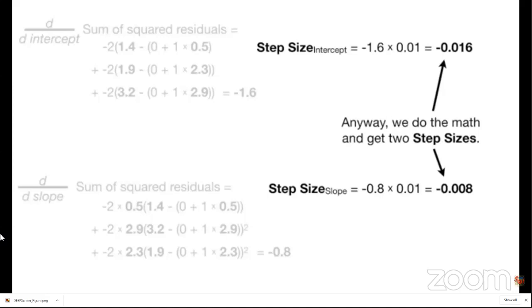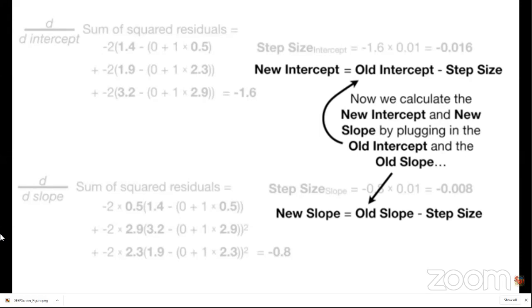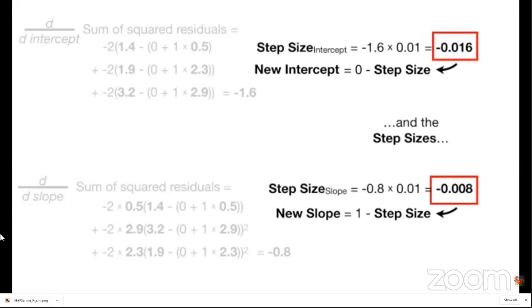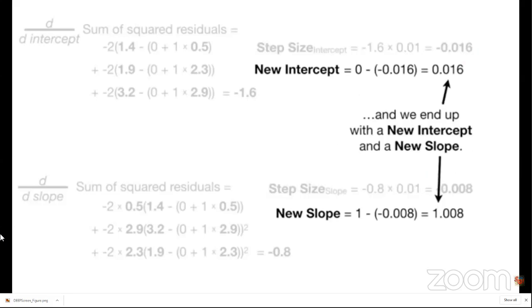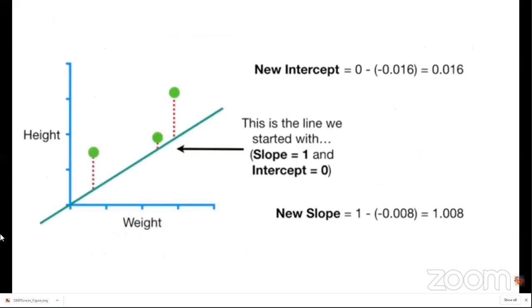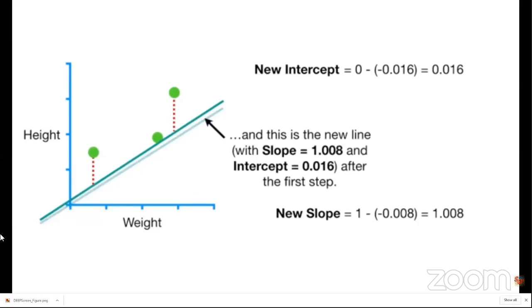Anyway, we do the math and get two step sizes. Now we calculate the new intercept and new slope by plugging in the old intercept and the old slope and the step sizes. And we end up with a new intercept and a new slope. This is the line we started with, and this is the new line after the first step.